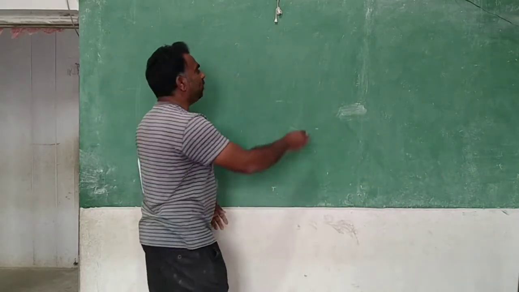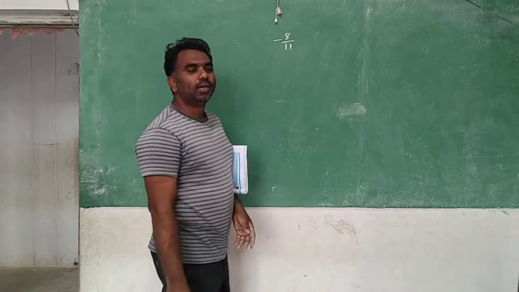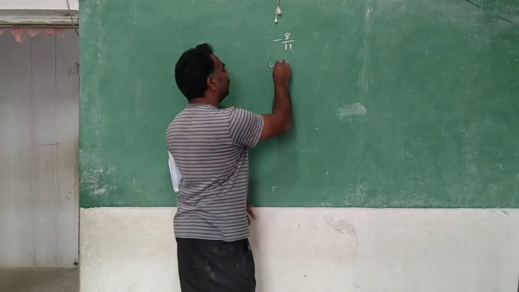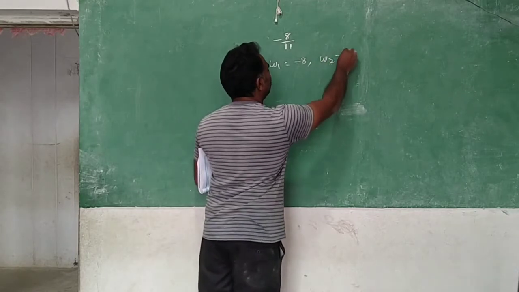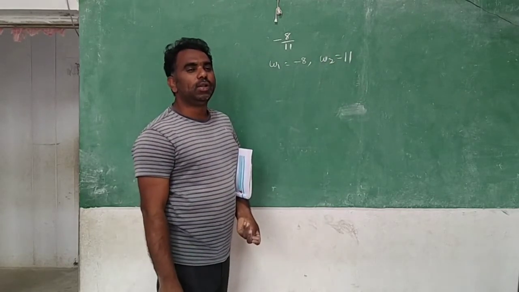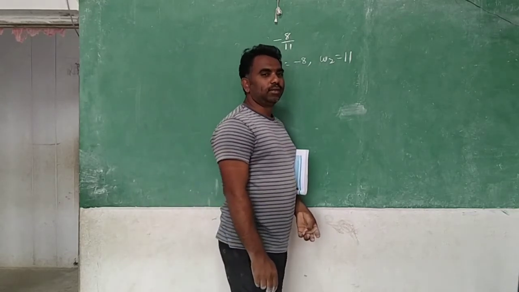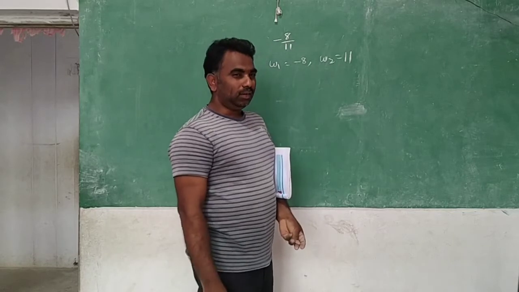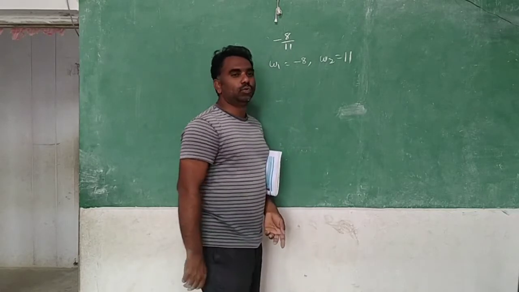Simple. Suppose you write one fraction, minus 8 by 11. What is W1 in that? Minus 8. What is W2? 11. W1 is the numerator, W2 is the denominator. So write 5 fractions and write W1 and W2.